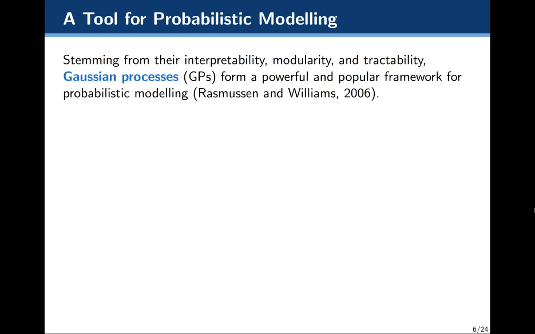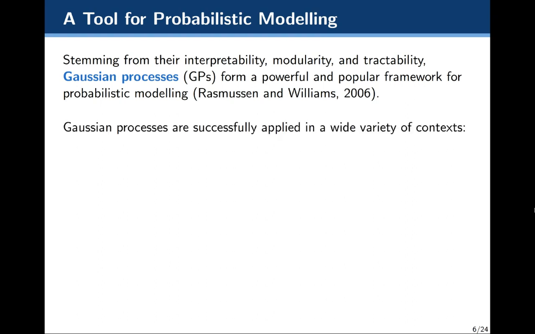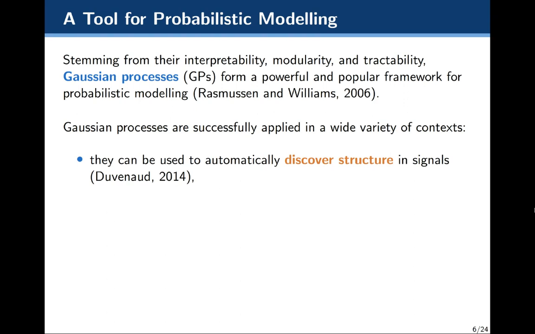So I talked a little bit about the approach to modeling, but I'd like to talk about a tool that we often use in probabilistic modeling called the Gaussian process. Gaussian processes have been successfully applied to a lot of contexts. They can be used to automatically discover structure and signals.